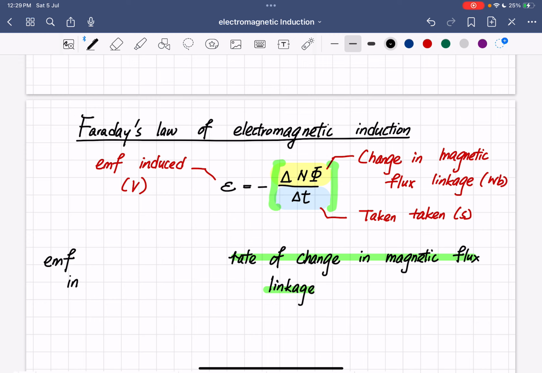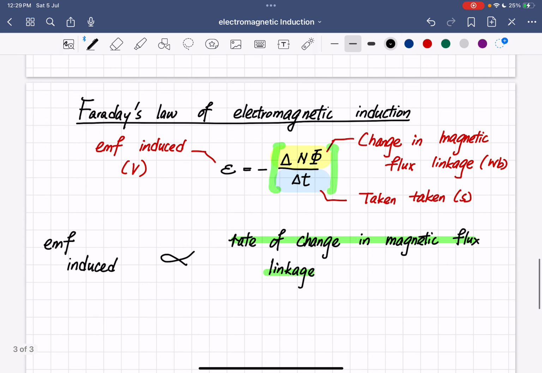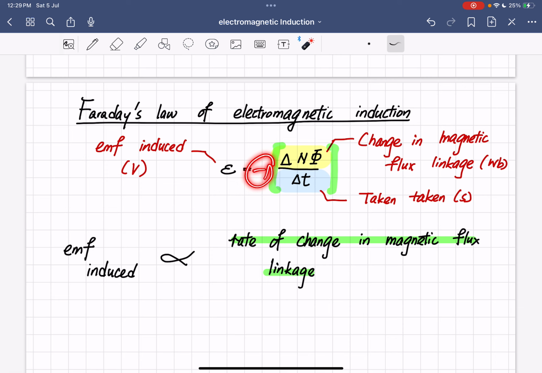They put it in this way: EMF induced is directly proportional to the rate of change of the flux linkage. Historically, they use the term directly proportional because, in fact, there is a -1 in it.